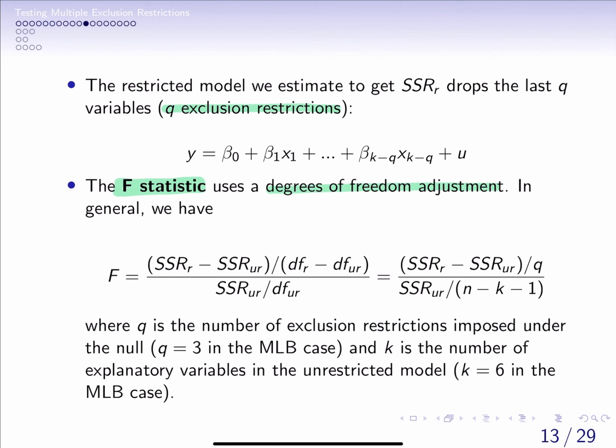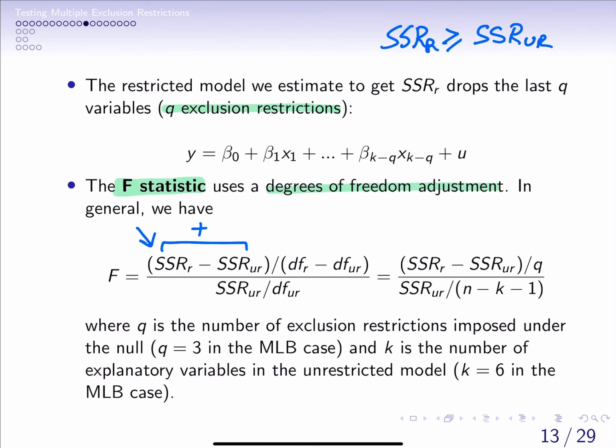In the numerator, the F statistic contains the difference between the sum of squared residuals of the restricted and the unrestricted model. And remember, we said that the sum of squared residuals from our restricted model is definitely greater than the sum of squared residuals from our unrestricted model, right? So this value is going to be positive.